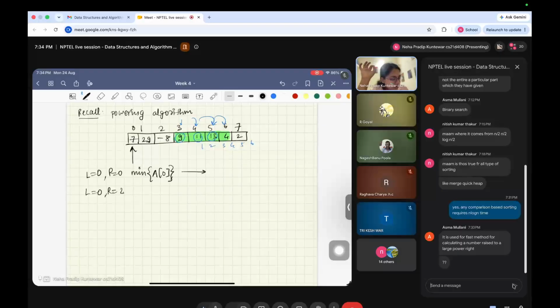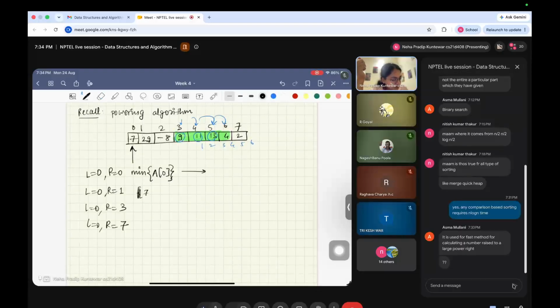So I'm just looking at powers of 2. So this is L is 0, R is 3, L is 0, R is 7. So these are the powers of 2, as in this is an array of size 1, this is an array of size 2.